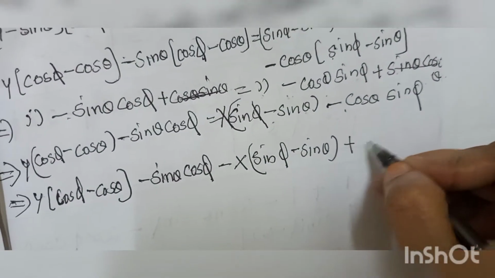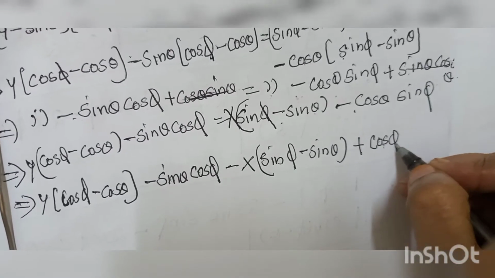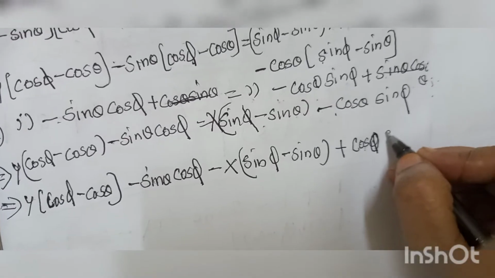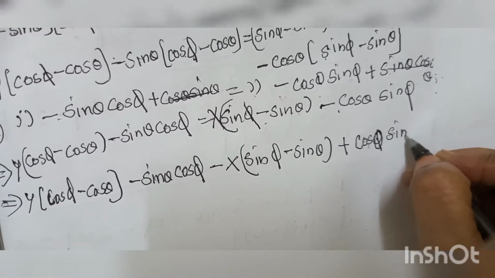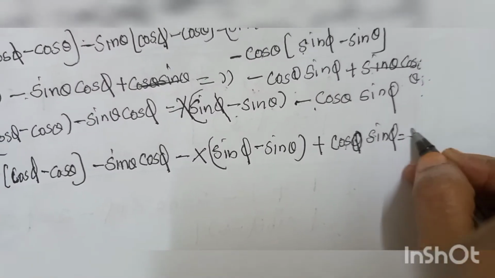This becomes plus cos theta sin phi which is equal to 0.